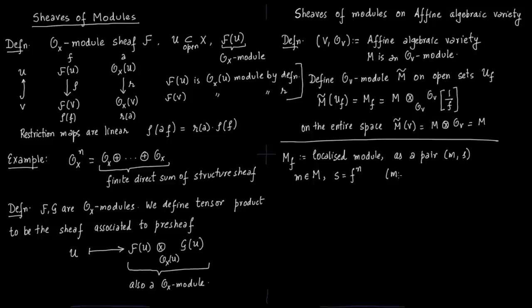After all, once you do localization, they are fractions. So we will say one fraction, say m by s, is the same as the fraction y by t if there exists an element u. I'll just say why we introduce it. The two fractions m by s and y by t are equal if u times m by s is equal to u times y by t.